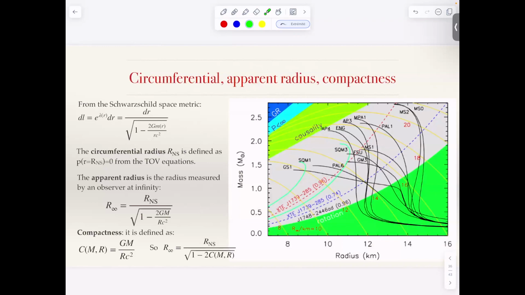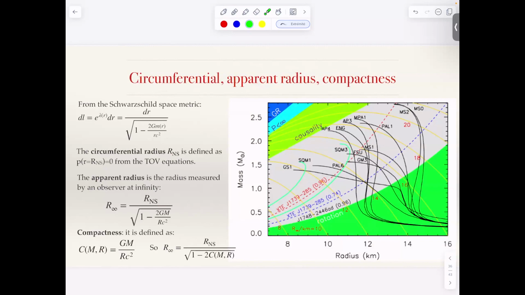Now there are also interesting features associated to neutron stars, which is the difference between the radius that you obtain and the radius that an observer will see if he is outside the star.